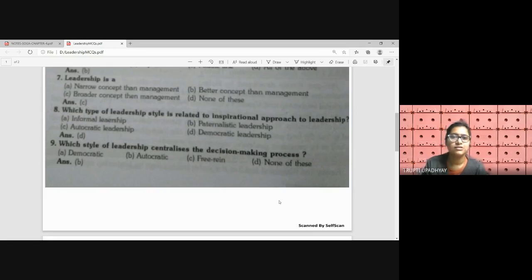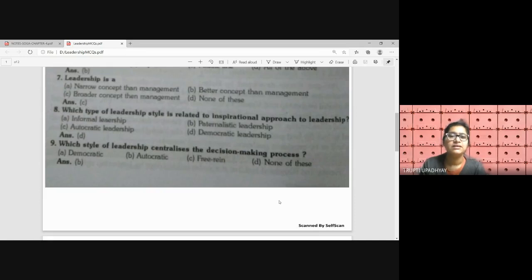Because in case of democracy, if a leader's style is democratic, he consults his subordinates while taking decisions, right? And also gives the chance for participative decision making. So that is always an inspirational approach. He inspires the subordinates to give suggestions, and thereafter he consults them and takes the decision.